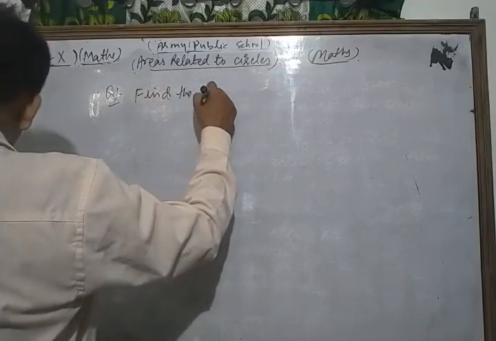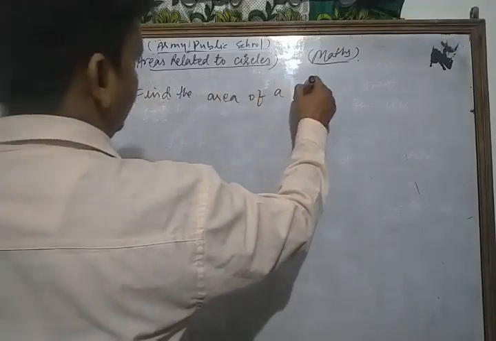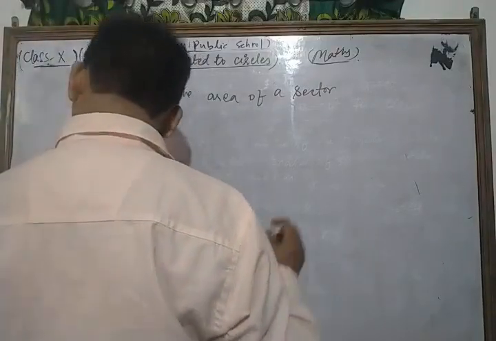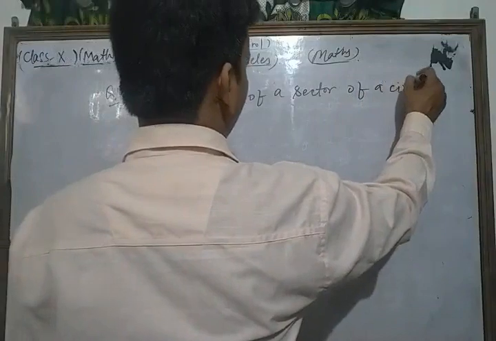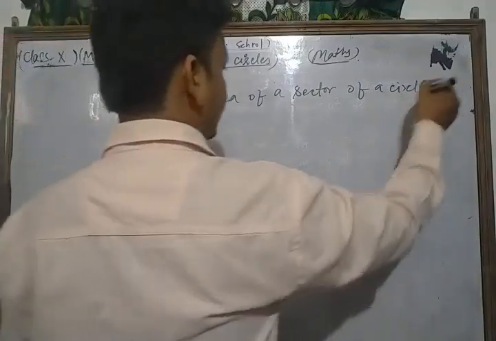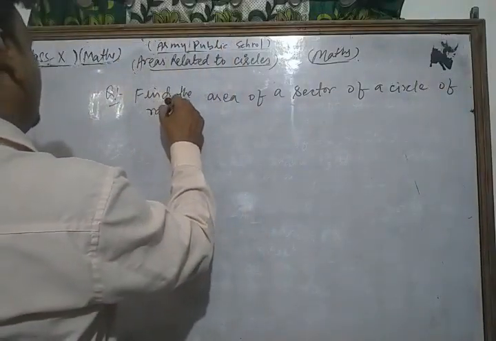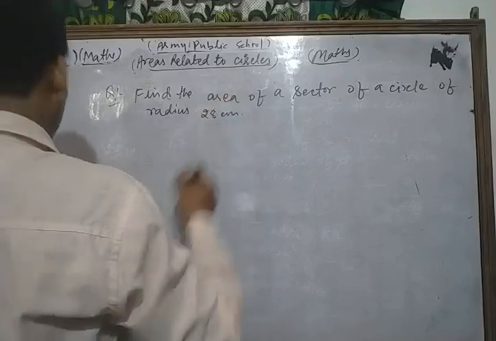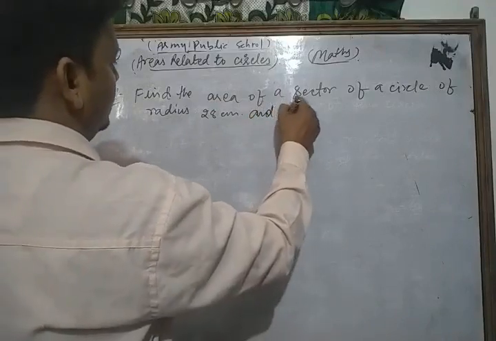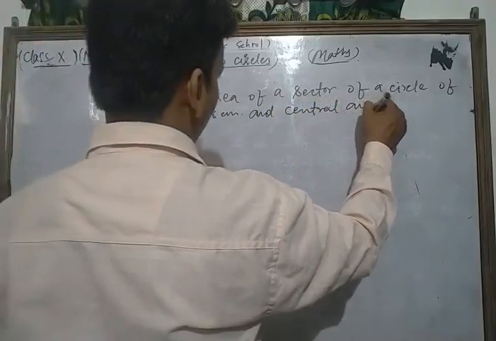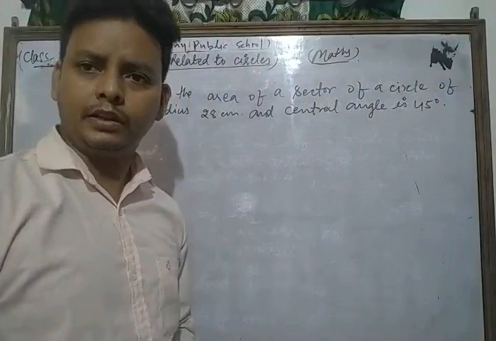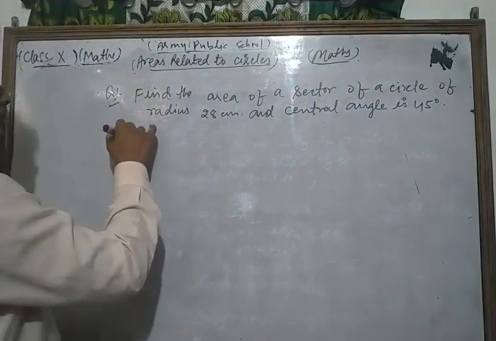Find the area of a sector of a circle of radius 28 centimeter, and central angle is 45 degree. Okay, now let's see its solution.